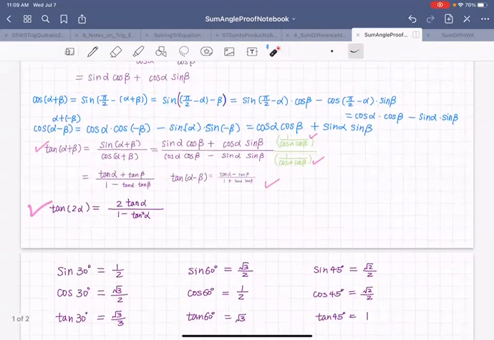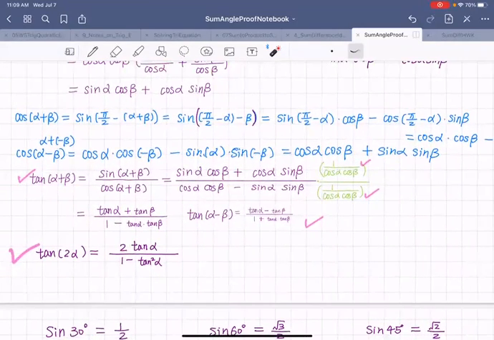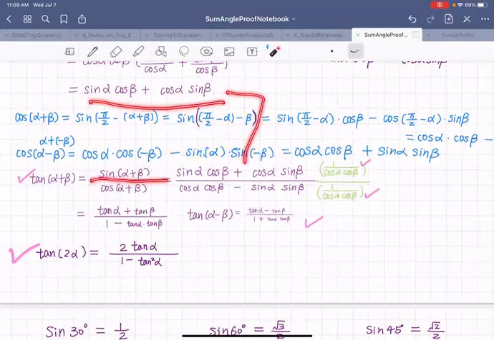Now we continue, okay? We want to do tangent alpha plus beta. Tangent alpha plus beta equals sine alpha plus beta divided by cosine alpha plus beta, right? We already have the sine alpha plus beta formula, which is this guy. So we copy down over here.